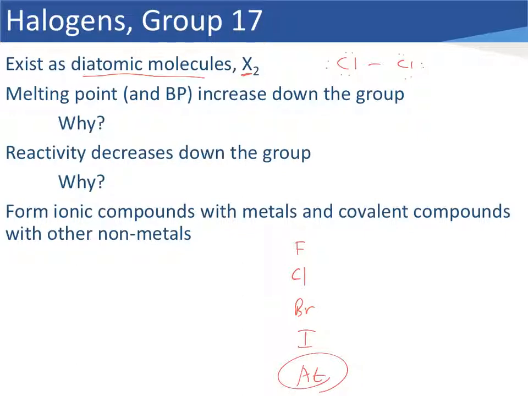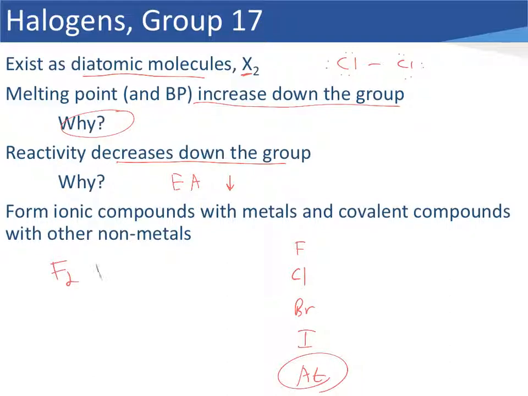Melting point and boiling point increase down the group. Why? Because the molecules increase in size and the number of electrons, which increases the van der Waals forces for the intermolecular forces. Reactivity decreases down the group because as you move down the group, the electron affinity decreases, and that makes them less likely to gain electrons.